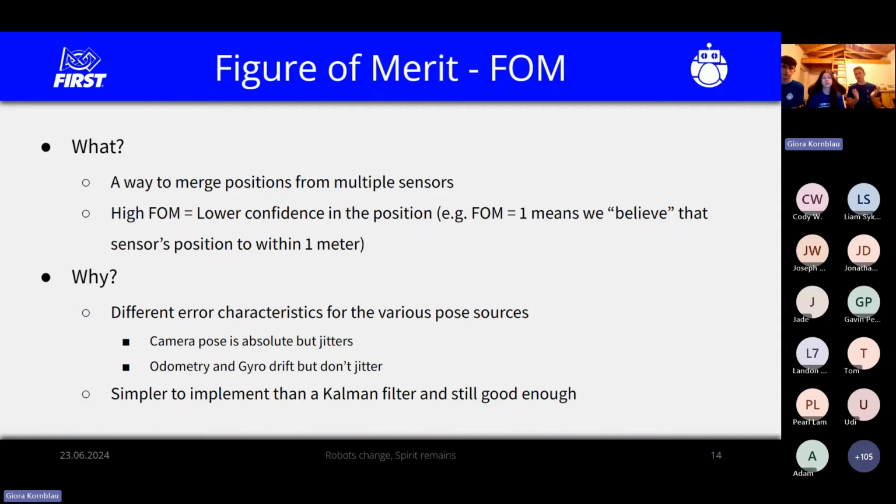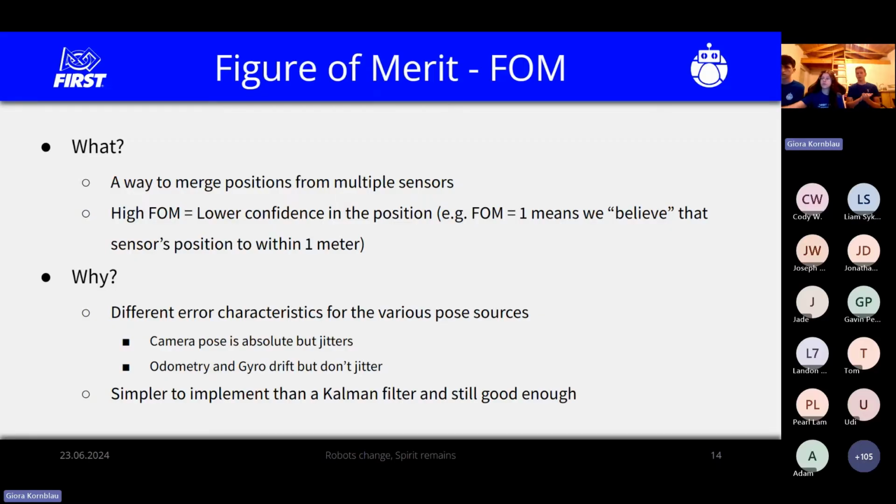There are multiple errors that could cause the figure of merit to be higher or lower. For example, the odometry and the gyro drift, but they don't jitter. So over time, the figure of merit will be higher and higher because they drift, and the accumulated error is bigger.